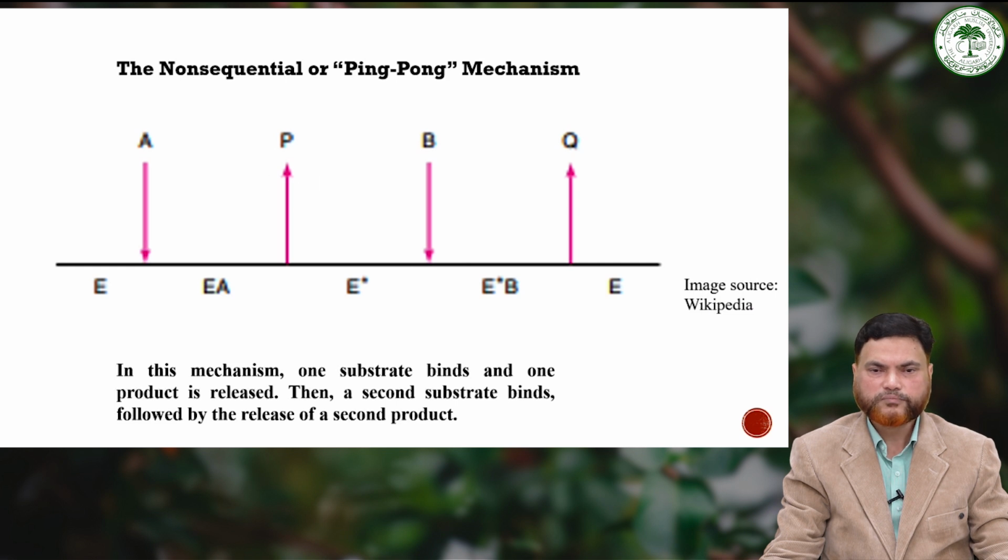Then the second substrate B reacts with the modified enzyme, restoring the original enzyme and the product Q. Reactions following this pattern are also termed double displacement reactions, and chymotrypsin action fits this type of non-sequential or ping pong mechanism.